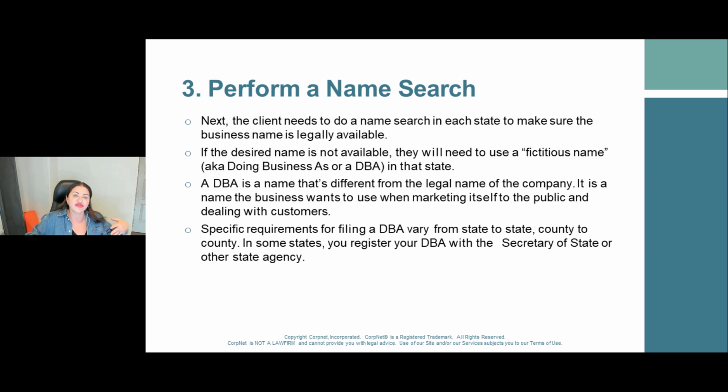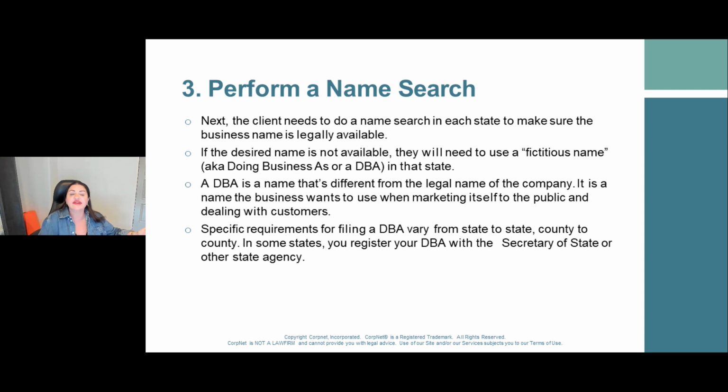So in real life, you would be gathering that state's requirements for foreign qualification, obtaining the certificate of good standing from the home state, i.e. California, and you've got to also perform a name search to make sure that the name of the corporation or LLC that you're using within the state of California is also available, in this case, in the state of Nevada.